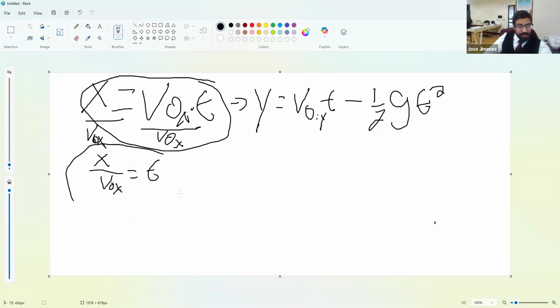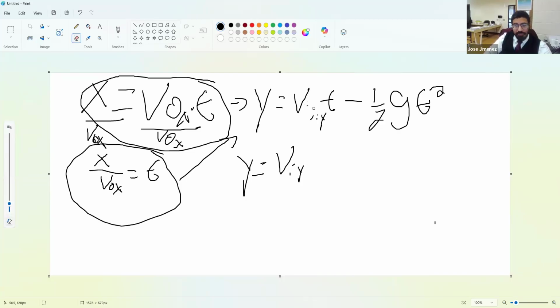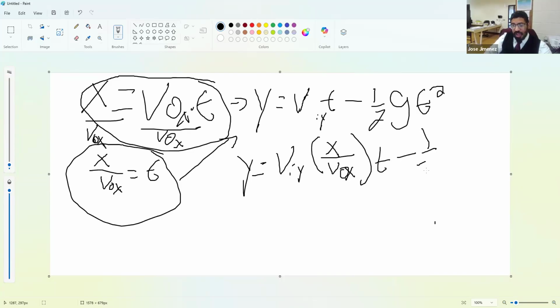So I'm going to get y equals v initial y, and whenever I see a t, I'm going to replace it with x over v naught x, minus 1/2 g, and then instead of t squared, I'm just going to have x over v naught x, squared.